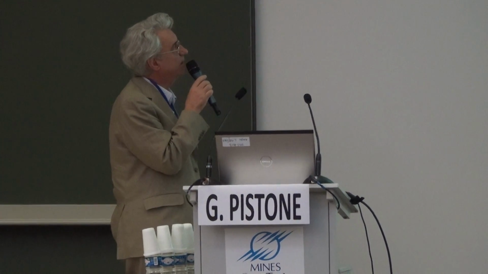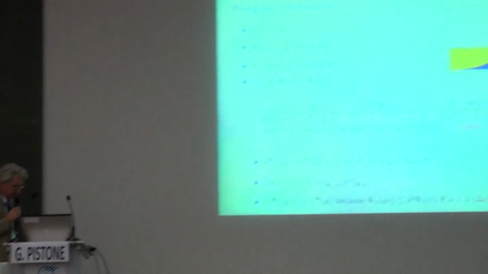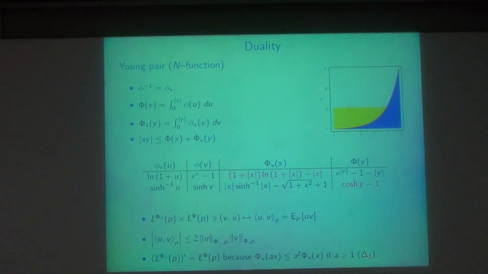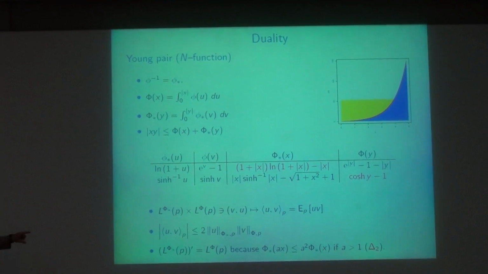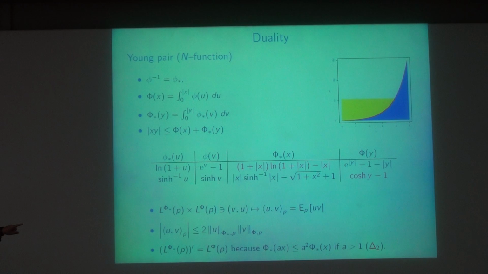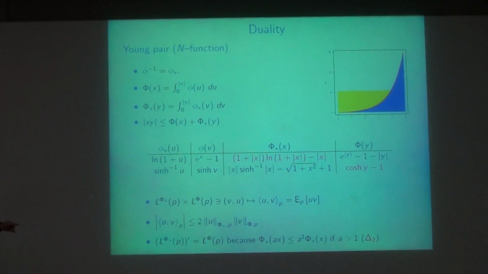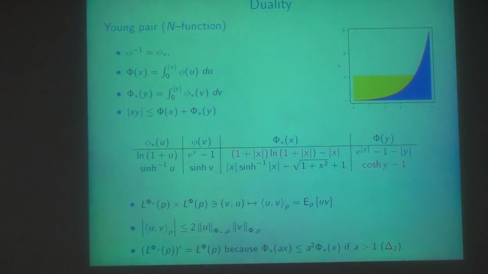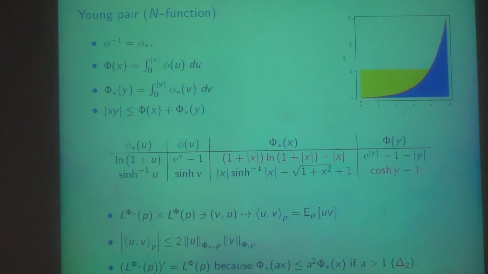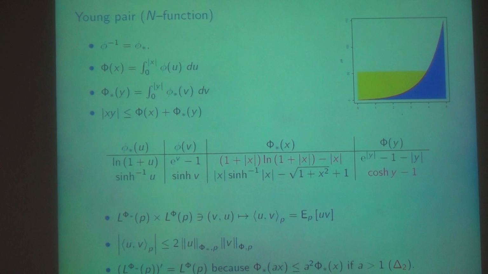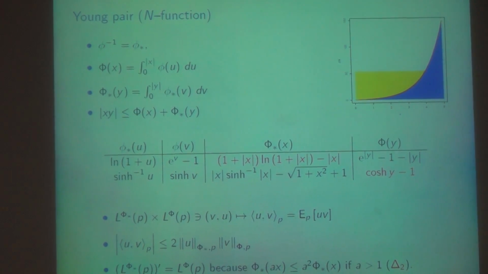Given a phi function, it's possible to define a conjugate phi function, and precisely my phi function is hyperbolic cosine y minus 1, whose conjugate is in the previous column, but the more common equivalent function is up in red.